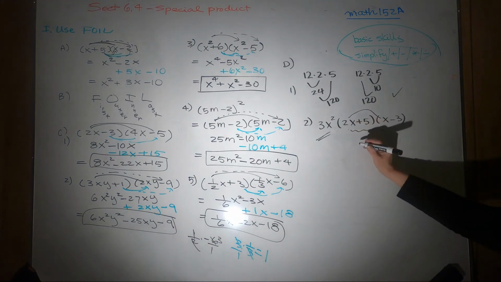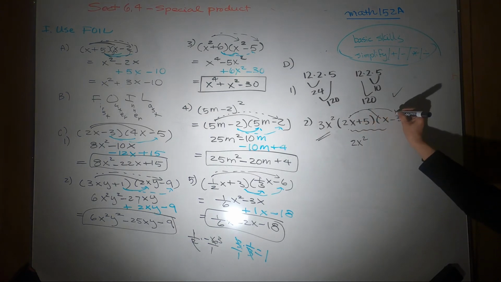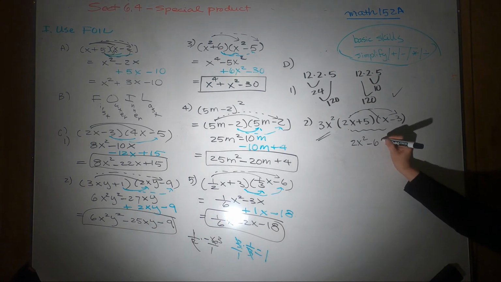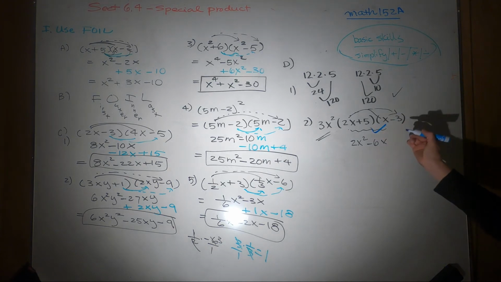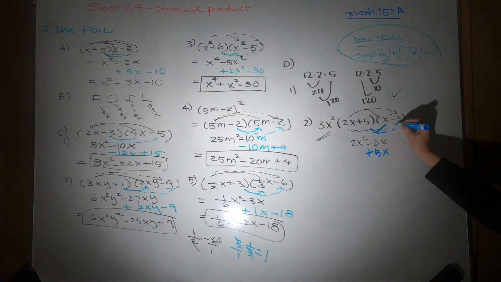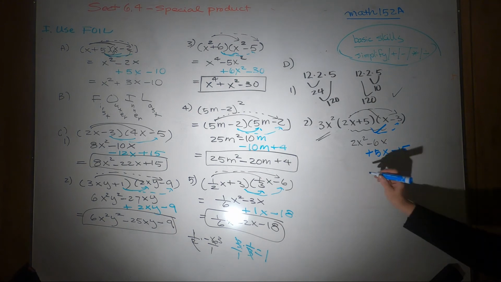So 2x times 2x is what? 2x squared. Then the outer 2x times 3 is minus 6x, right? The inner, plus 5x. The last, minus 15. So what do we have?